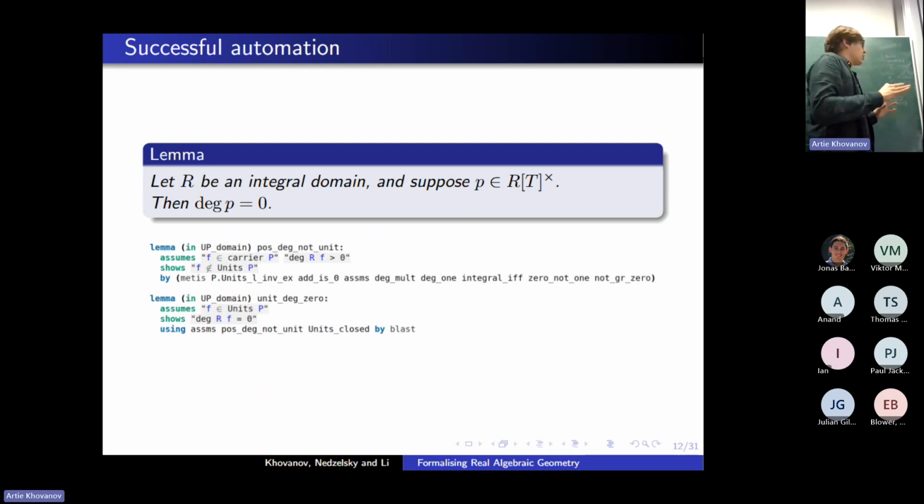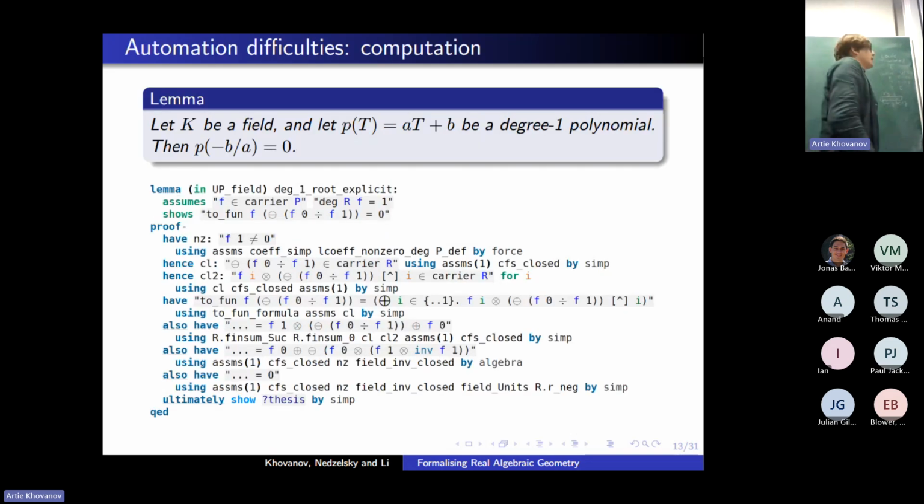However, I'd also like to talk a little bit about the times it's not as good. So first thing is computation. So, very simple lemma. If I have this degree 1 polynomial and I evaluate it at minus b over a, then I get 0. Now, of course, for some of the more common types, there are ways to automate stuff like this very easily.